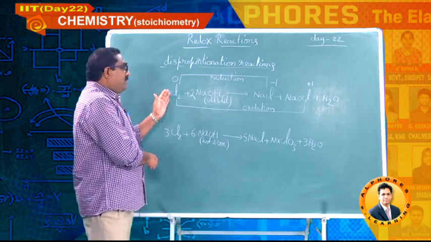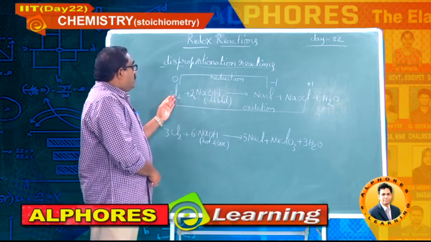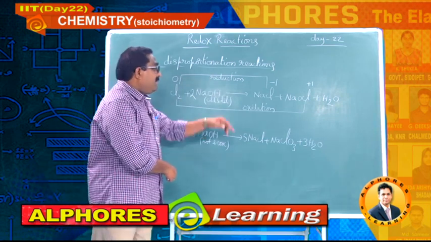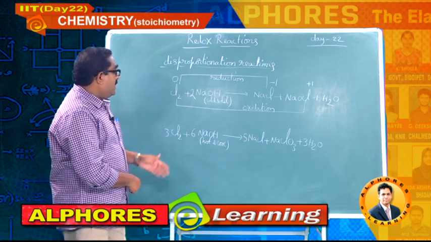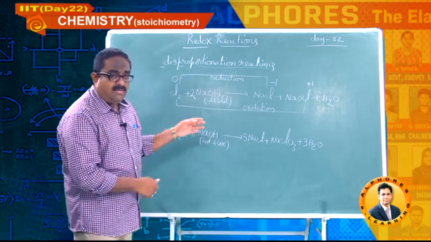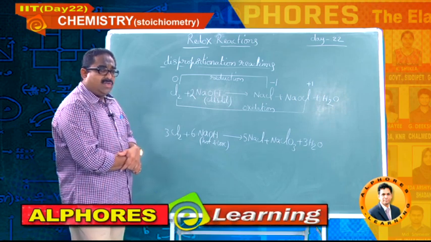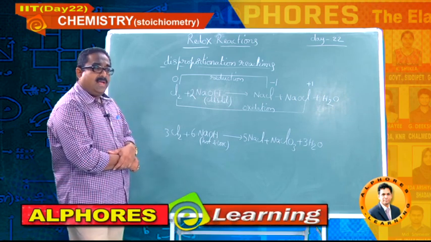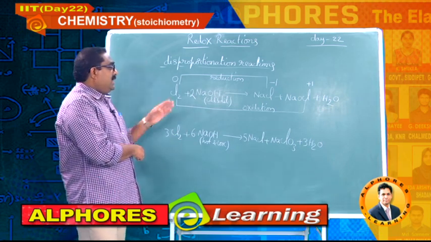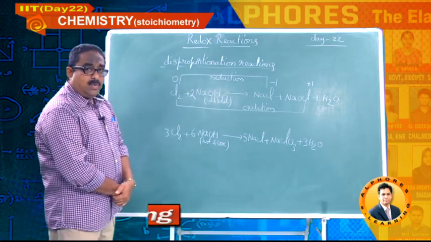Here, if you observe this specific example, two chlorine atoms, that is the same element, one chlorine atom is undergoing reduction and the second chlorine atom is undergoing oxidation. It means here the oxidation and reduction takes place on the same element, and that element is going into two different products.